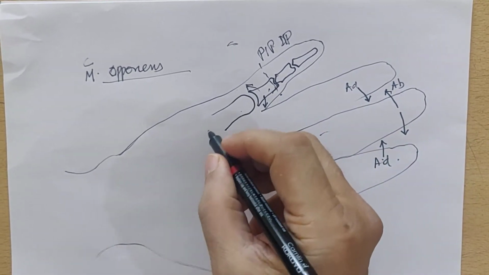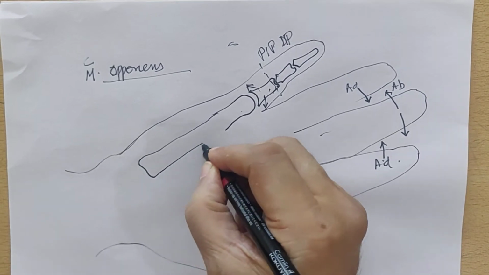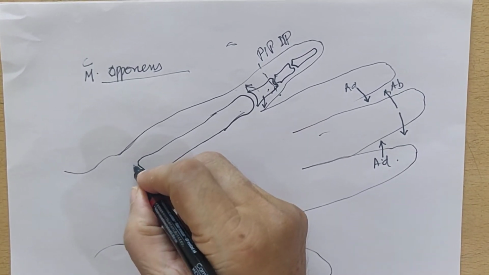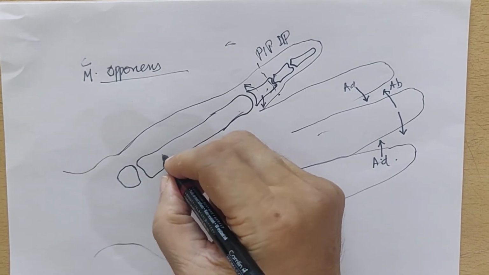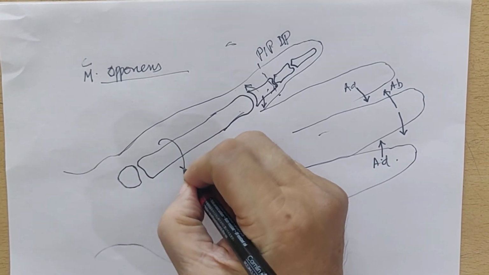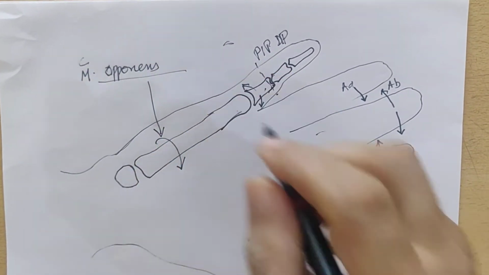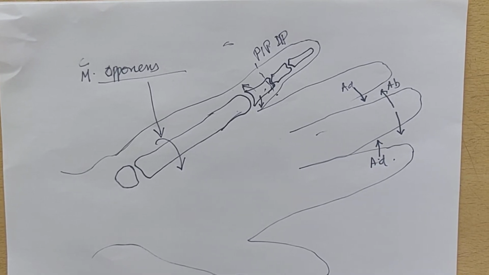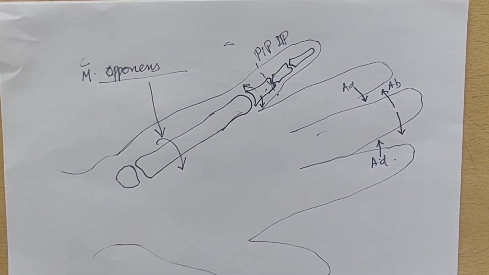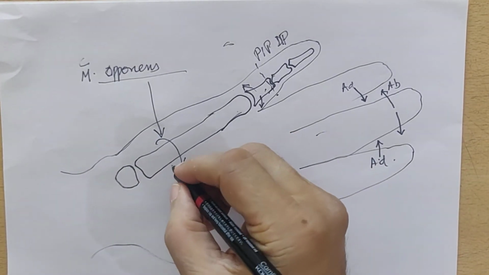Metacarpophalangeal joint. And I have told you that at the base, where this articulates with the carpal, it can also internally rotate, and this movement is called opposition. So we have to first understand what causes opposition.